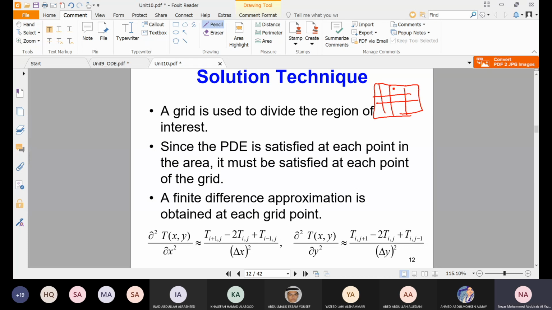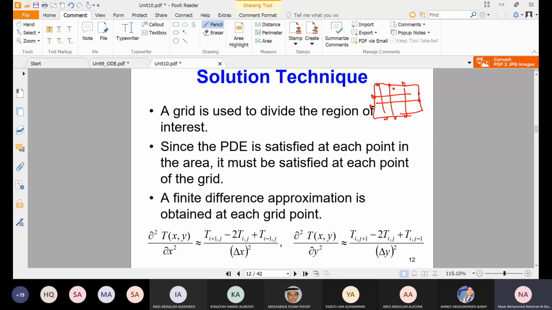After that, we want to compute the temperature of the unknown nodes. As we said, these are unknowns. The temperature is known at the boundaries. And we want to compute the temperature at the unknown nodes.